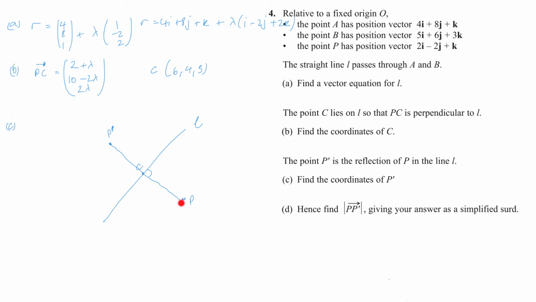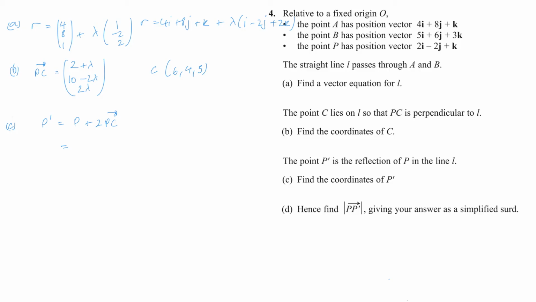So it's going to be P plus 2PC. Okay, so just rub that out. So to find P dash is going to be P plus 2PC.